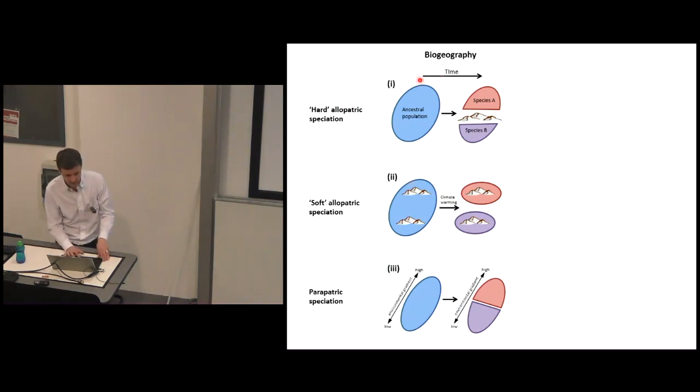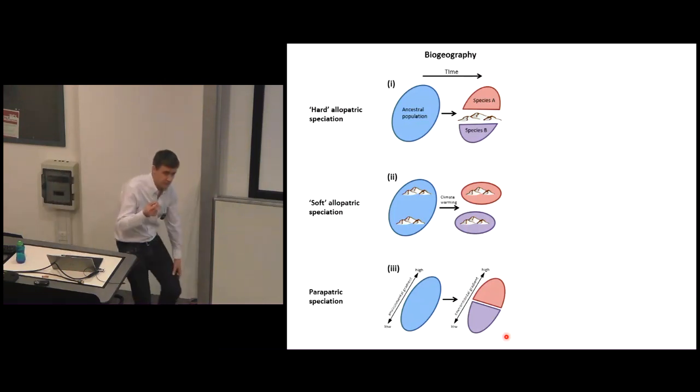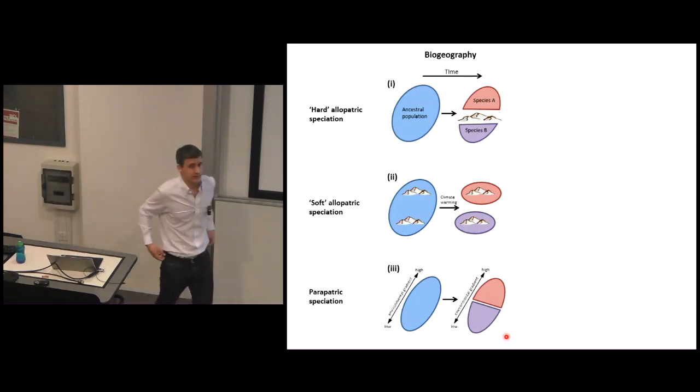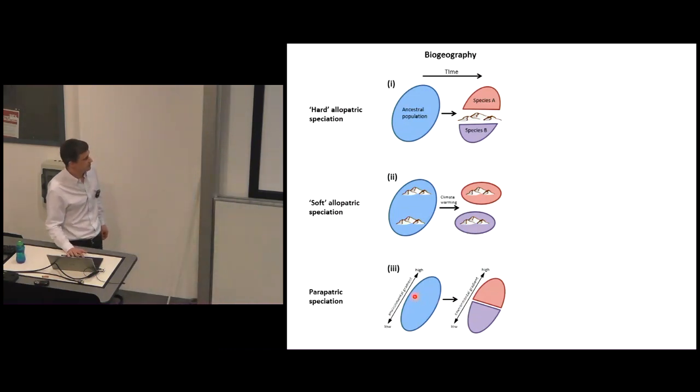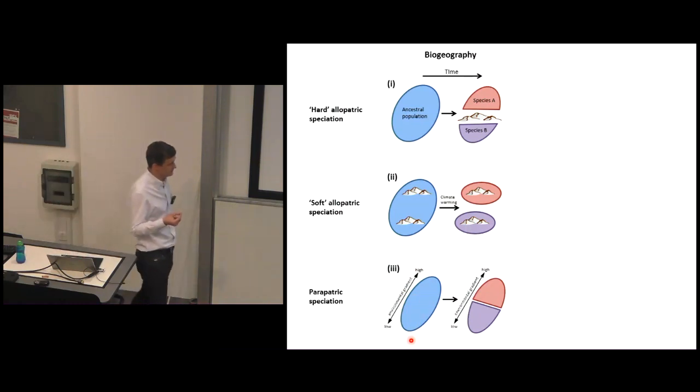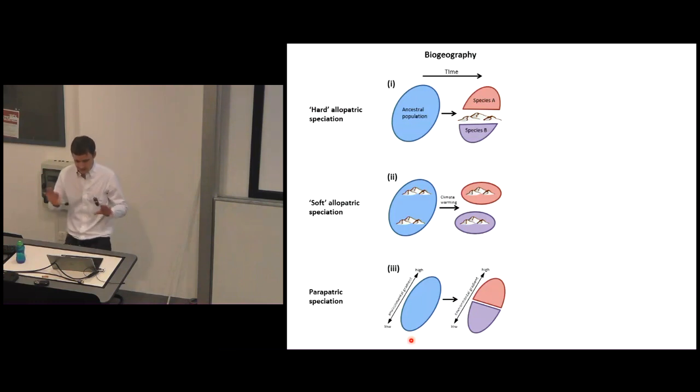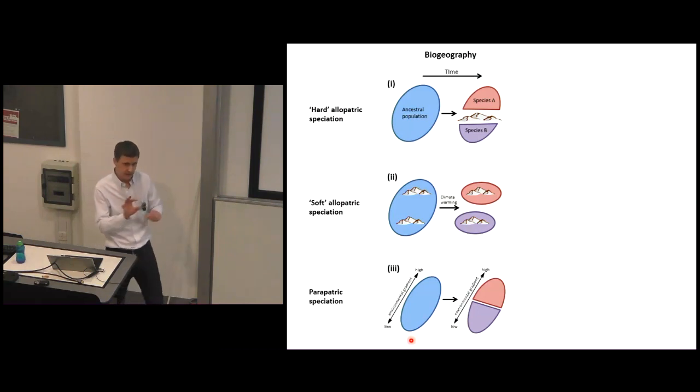The two are essentially allopatric modes of speciation, but then more controversial in effect is the idea of parapatric speciation. So this is the idea that we have an ancestral population that is distributed along an environmental gradient, and over time populations will become adapted to particular habitats, so subpopulations become adapted to particular local habitats.